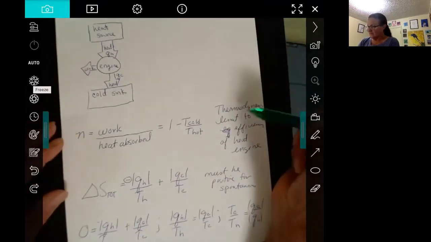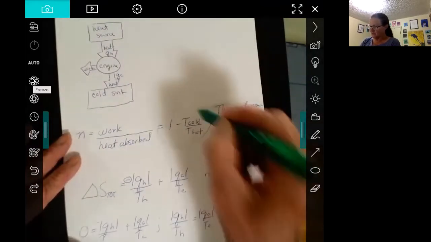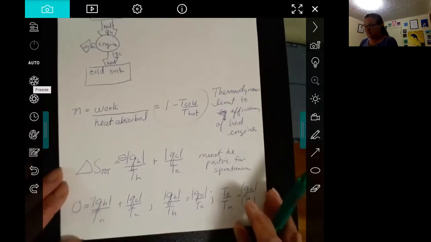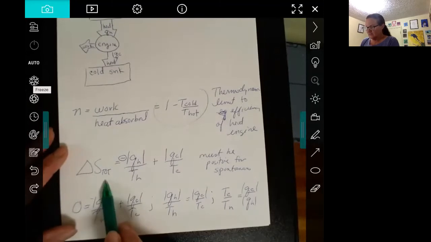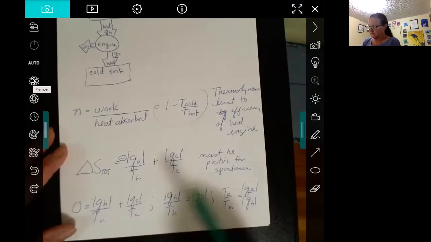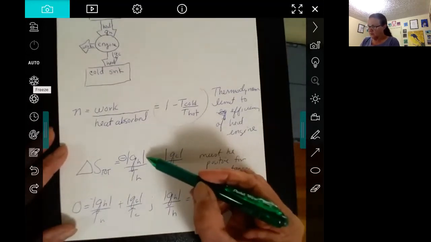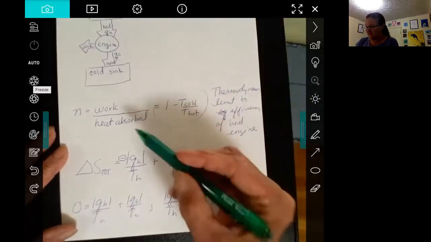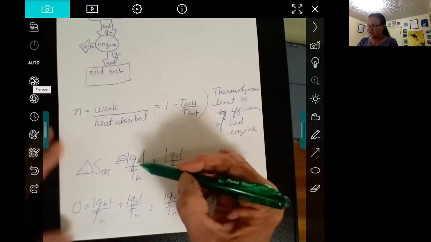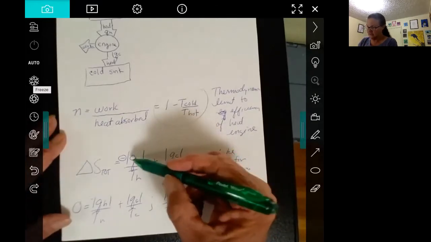And if we want to figure out where this thermodynamic limit comes from, it comes from the second law. So the second law says that the total entropy change of the universe has to be positive. And if we look, when we pull heat out of the hot source, we're decreasing the entropy of the hot source. So put absolute values on this so we're not thinking about direction of the heat flow.